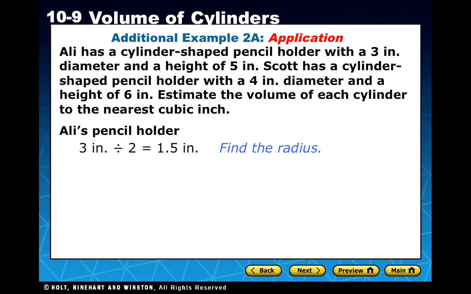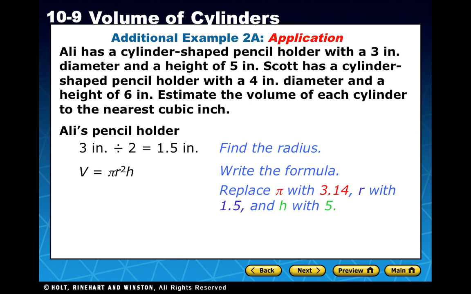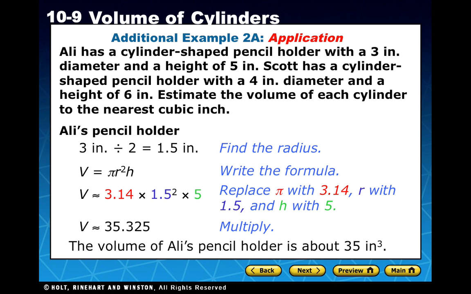So for Allie's, the diameter is 3 inches, which means that the radius is 1.5. And we're going to put 3.14 in for pi and 1.5 in for the radius. And we find that Allie's pencil holder, the volume will be about 35 cubic inches.